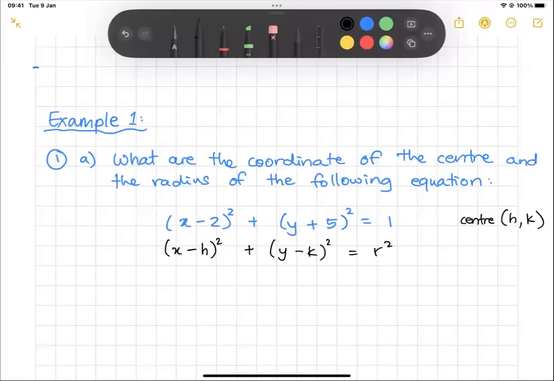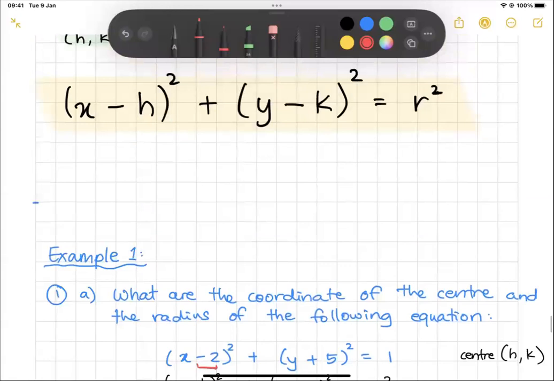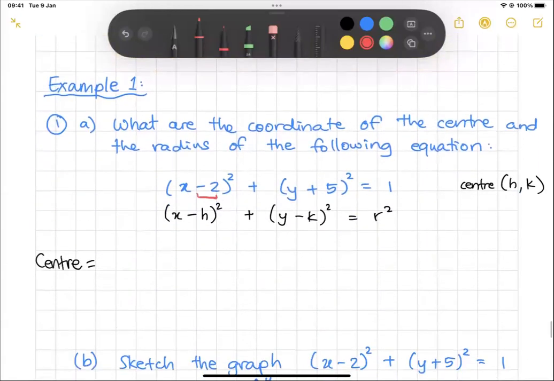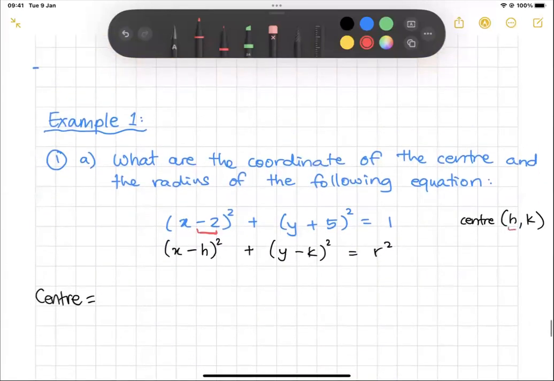So let's find my center first. In my equation, this is a negative 2. Like I said before, if your center coordinate is positive, then in the equation it needs to be negative. I need to do the opposite of what it looks like in the center.